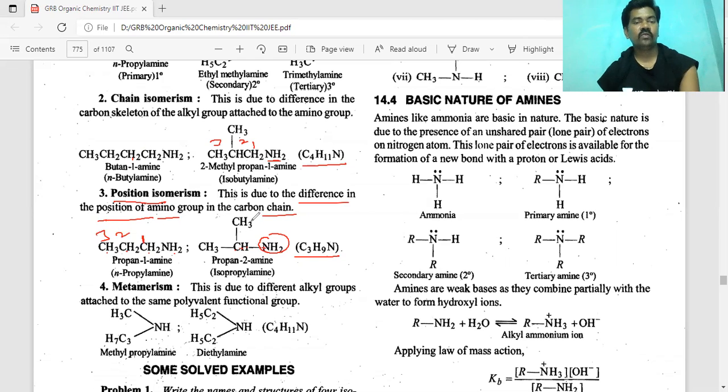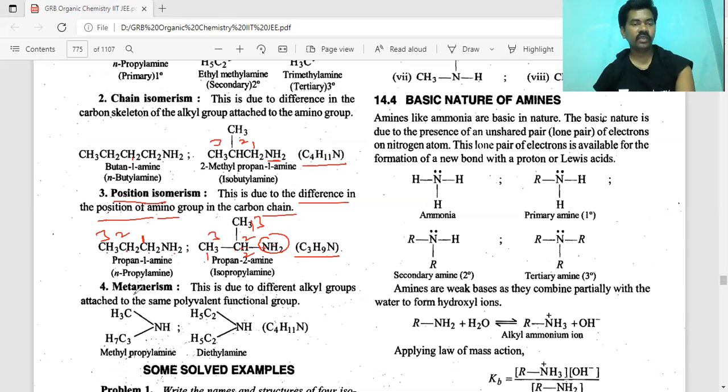So it is present on the second carbon. This is called position isomerism. The compounds have a similar molecular formula, but the difference is just the position of the nitrogen or amino group.